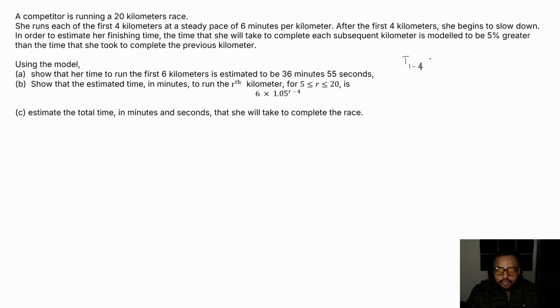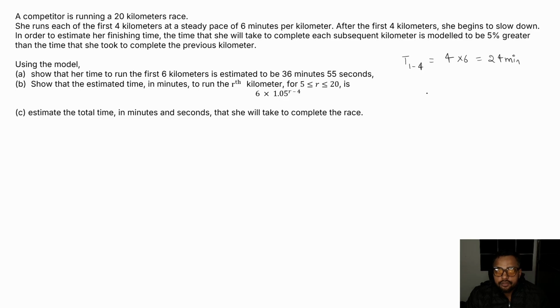That will be equal to the total distance times the minutes required, so 4 times 6, which equals 24 minutes. It is already mentioned that this competitor is running at a constant pace, so 24 minutes is required for the first 4 kilometers.